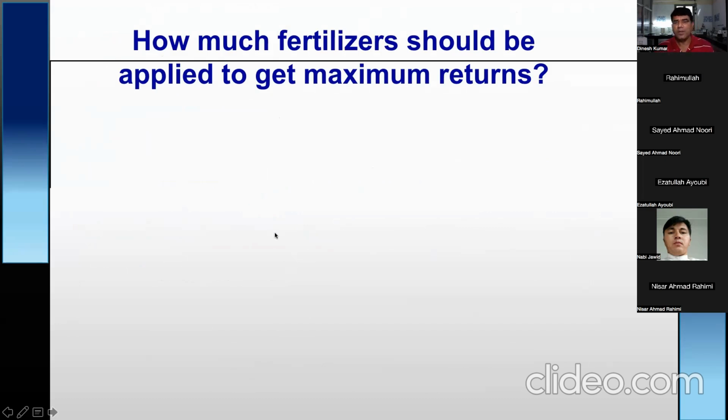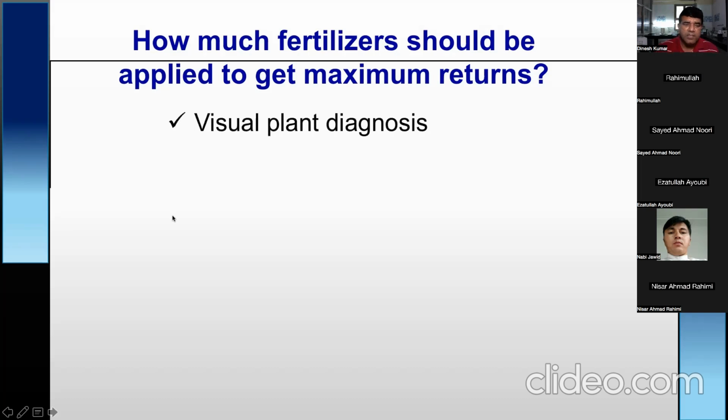So friends, now I was discussing how much fertilizer or nutrient should be applied to get maximum returns or optimum growth. How can I decide the optimum quantity of fertilizer to be applied? First of all, I would like to see the deficiency symptoms, which is called visual plant diagnosis.